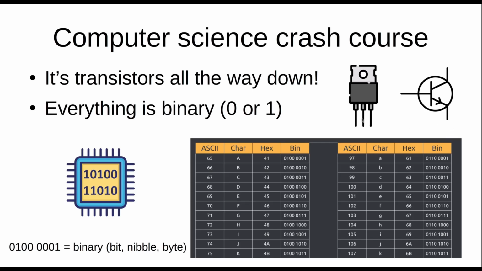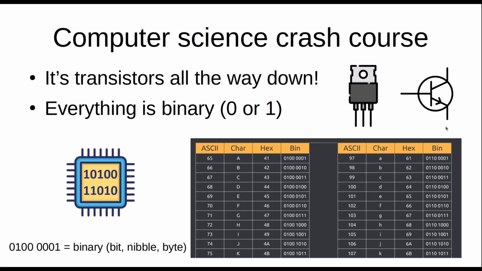So by applying a voltage here, electricity can flow through the transistor and turn something on. And the same for the scenario where you put the base to ground, or you apply 0 voltage to the base, then the transistor stops conducting electricity and the LED would be turned off.